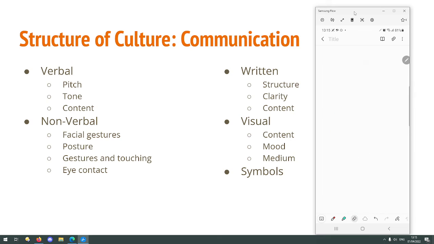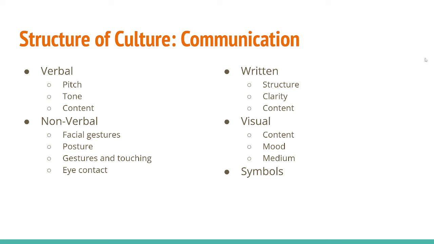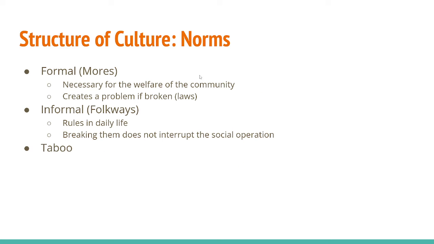And when we, for example, combine all of these, let me just check my slides. Okay. When you combine all of these, we arrive at means of communication like social media, as you pointed out. And now we come to norms. So norms can be formal and informal, or they can be taboos.